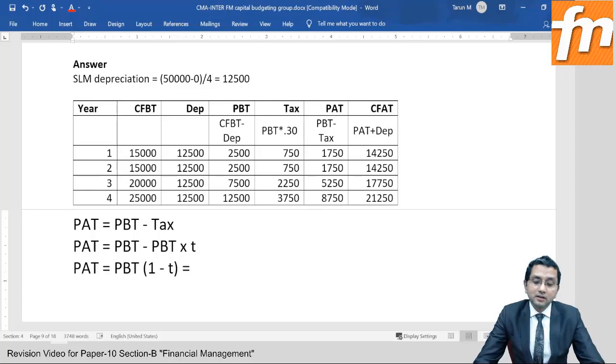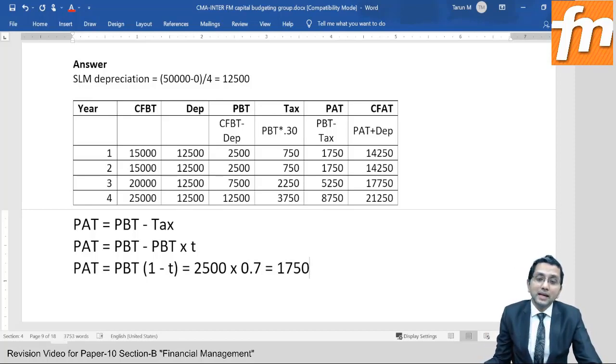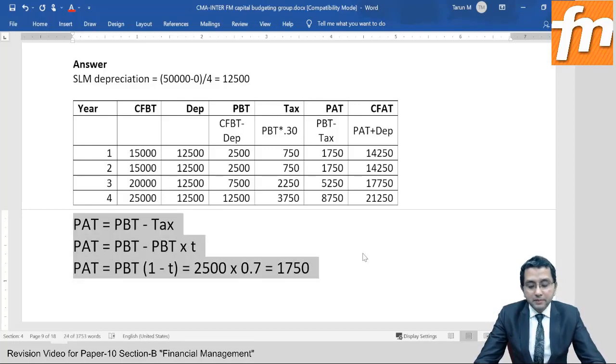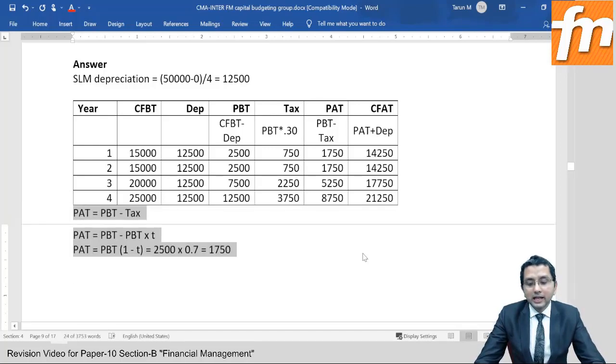Like in the first year, your PBT was 2,500. You simply multiply it by 0.7 and you'll get 1,750, and you won't have to make a column for income tax. From PBT, you can directly arrive at PAT.